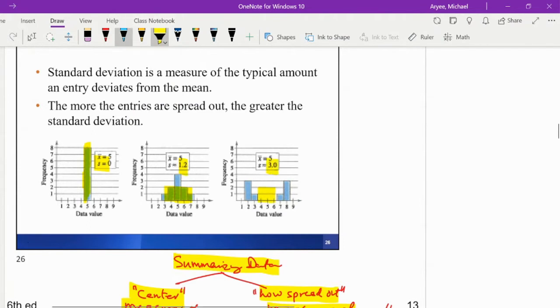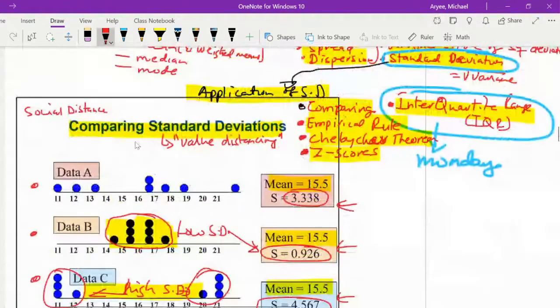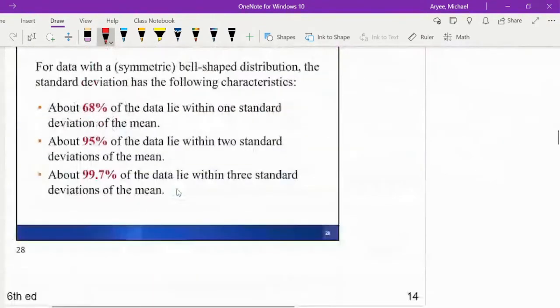So the standard deviation over here is kind of higher than the standard deviation over here, because these things are close together, these things are far apart from each other. Okay, so that's one way we can apply the standard deviation, is by comparing the standard deviation. Okay, so that's one thing I wanted to point out.